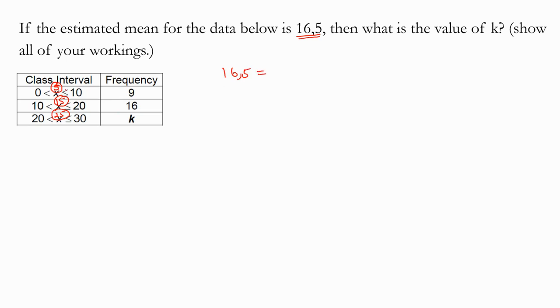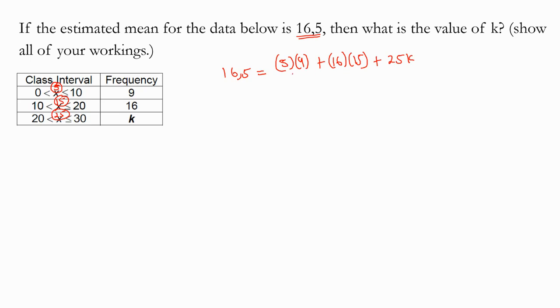So the data item is going to be 5 times 9. Remember, we're assuming that all the 9 learners got 5. So it's going to be 5 times 9 plus 16 times 15, and then plus 25 times k.